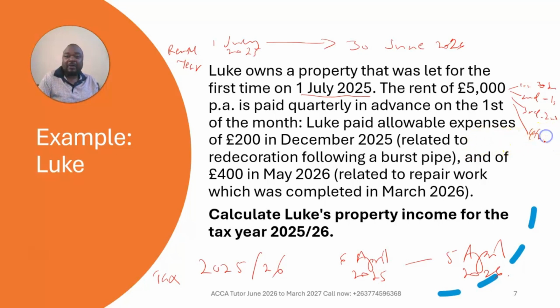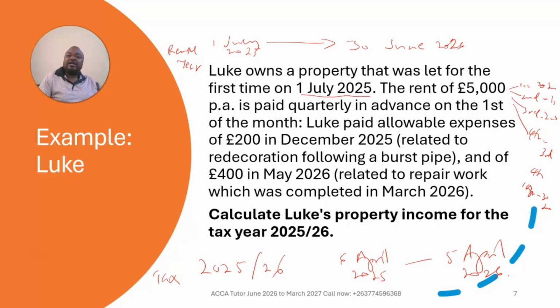That's the third quarter of rentals. Then the fourth quarter of rentals started on 1 April, 2026 to 30 June.